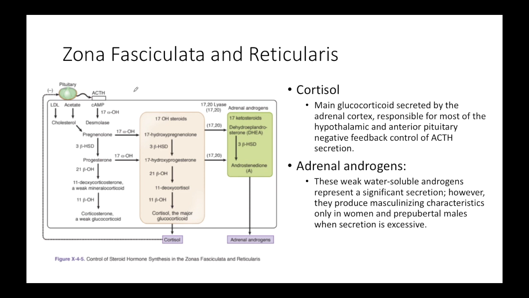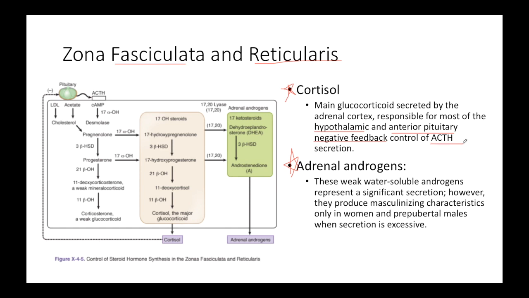talked about the glomerulosa, now we're talking about the fasciculata and reticularis, and our two main products here are cortisol and our adrenal androgens. So cortisol is the main glucocorticoid that's secreted by the adrenal cortex, and it is responsible for most of the hypothalamic and anterior pituitary negative feedback control for ACTH secretion.